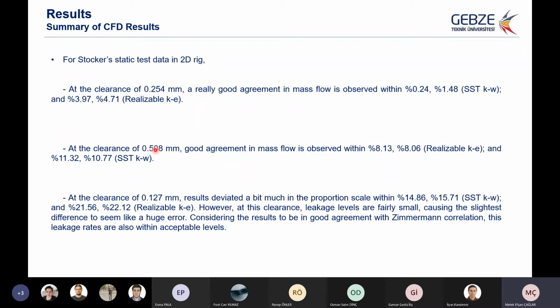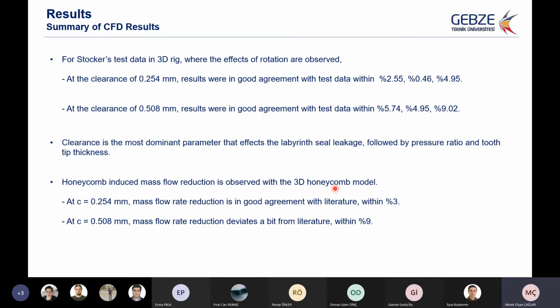At a clearance of 0.5, it was still good agreement, but not quite as good as this. At a clearance of 0.1, my results deviated a bit much, but these are really small clearances and small numbers, so in proportion, even though it looks big, it's not that much of a mistake.